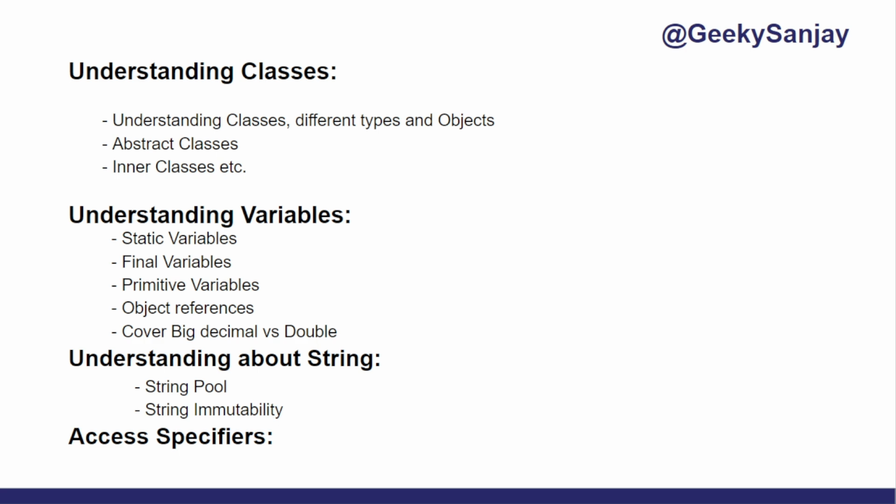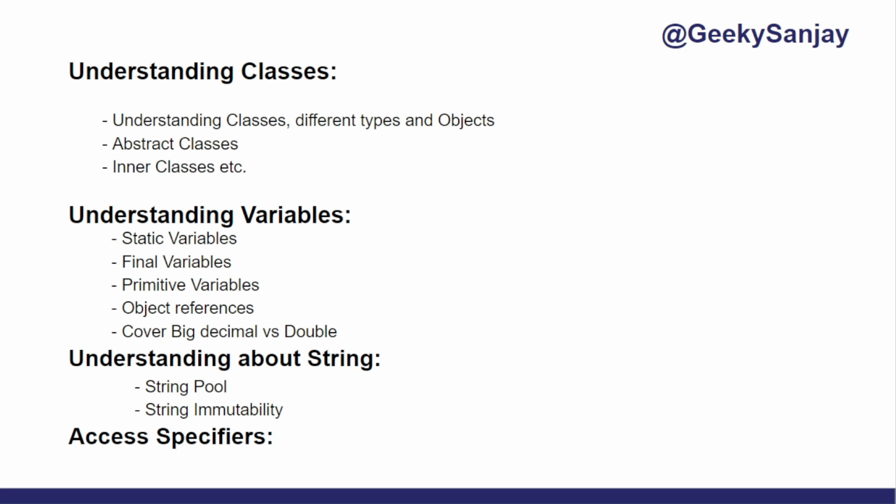Okay, next is understanding strings. The string is a very important part of Java, and it is also very confusing. So let's dive into the string pool. The string pool is a special area of memory in Java where the JVM, Java Virtual Machine, stores string literals.